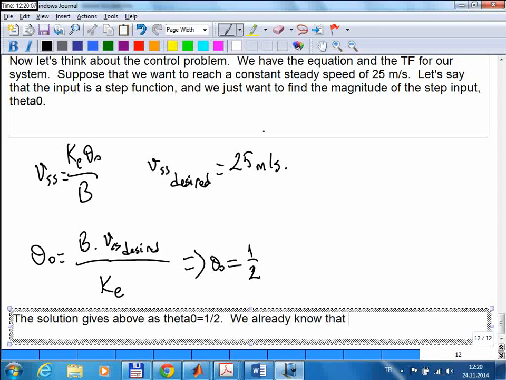So we already know that a step input with magnitude 1 over 2 causes the car to reach a steady speed of 25 meters per second.